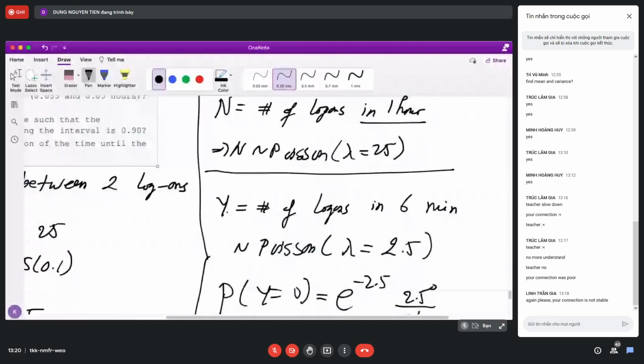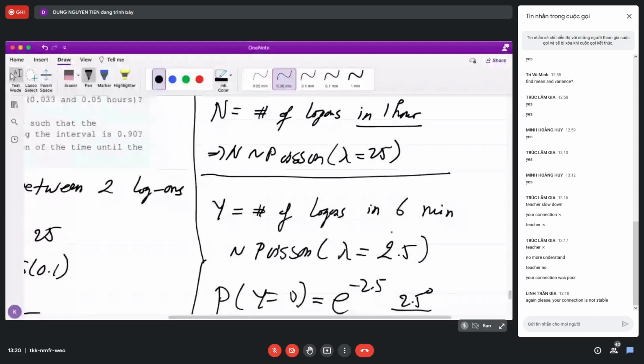And that number should follow a Poisson distribution with the parameter 2.5. Why 2.5? In an hour, there are on average 25 logons. Then in 6 minutes, there should be 2.5 logons on average. Do you understand what I'm saying?